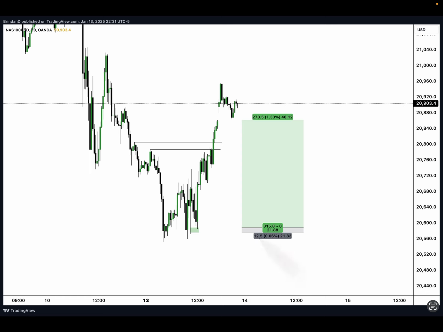Had a 125 pip stop, which is normal on the NASDAQ, 2,735 pip reward. That's how you would read that if you're looking at this long position tool. And yeah, it was a really, really good trade. Like I said, it was counter trend, so there was a lot of weathering of the storm here. As you can see, this is very, very sloppy price action.